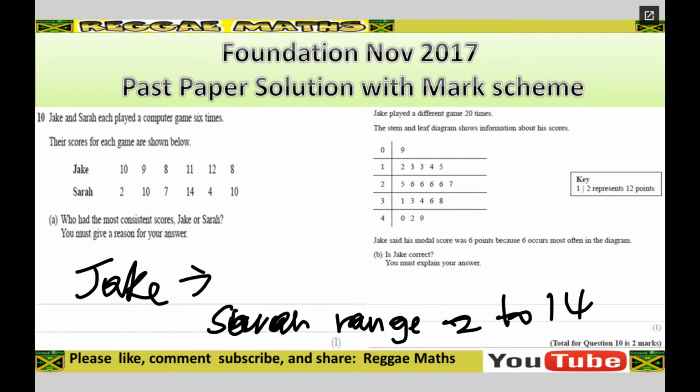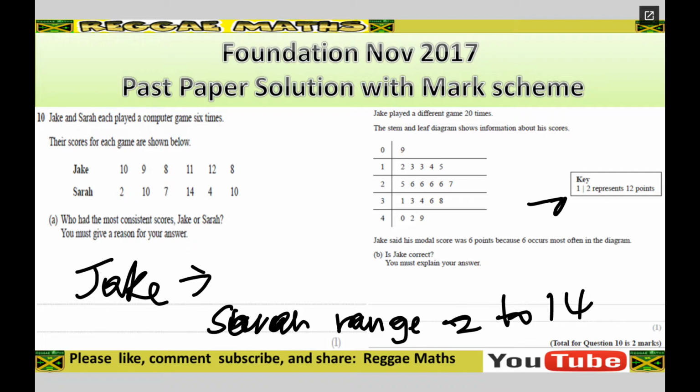Okay, looking at this one here, Jake said the mode score was 6 points because 6 occurs more often in the diagram. Is Jake correct? You must explain. So here you go, you can see that it's a stem and leaf. So the most important thing here is the key. The stem and leaf 1 | 2 represents 12.